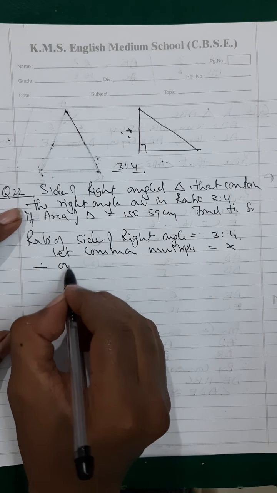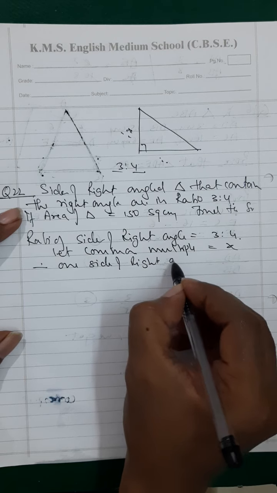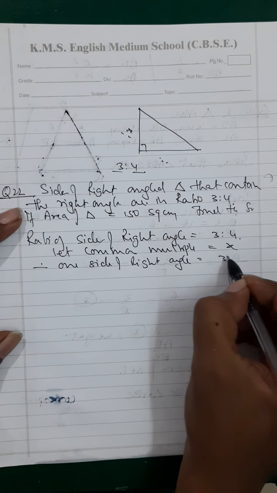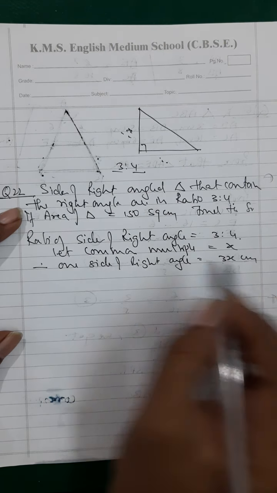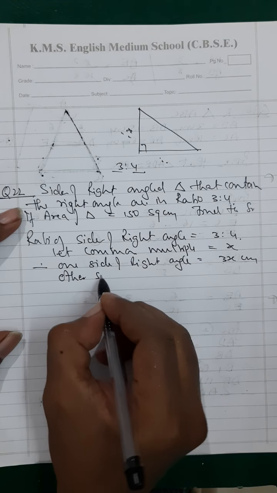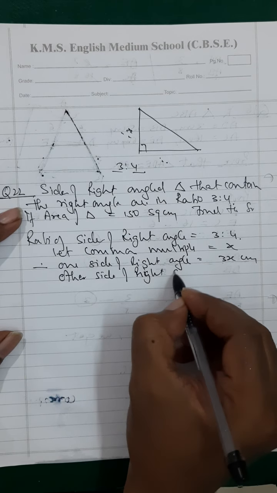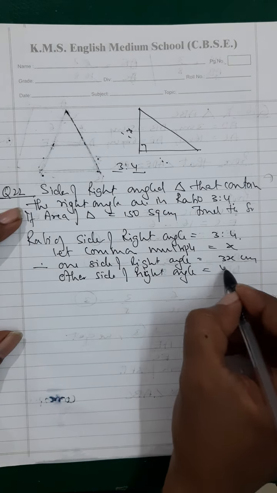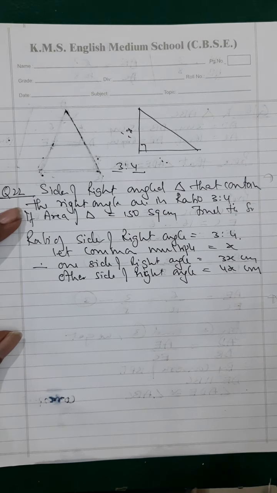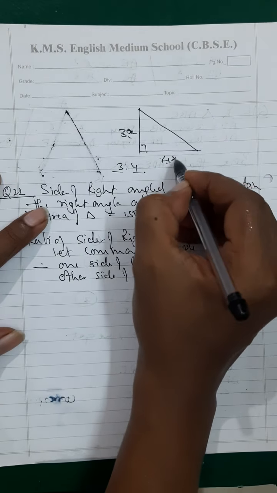Therefore, one side of the right angle is equal to 3x centimeter, the other side of the right angle is equal to 4x centimeter. Are you getting? So this will be 3x, this will be 4x.